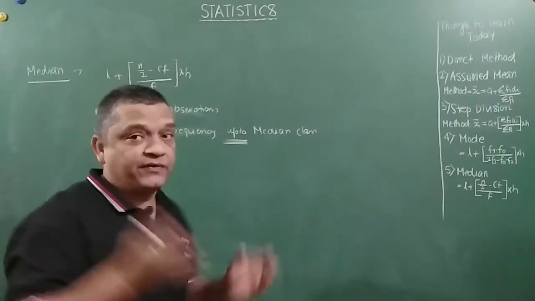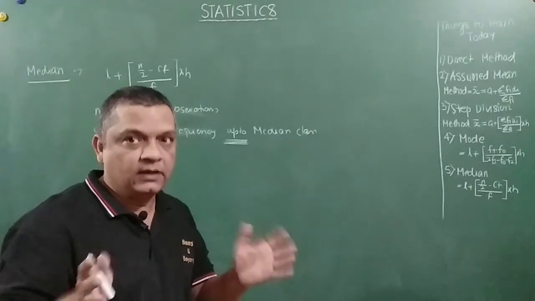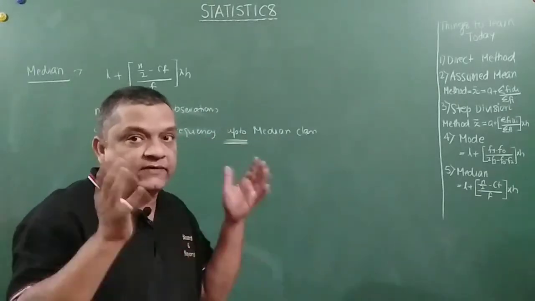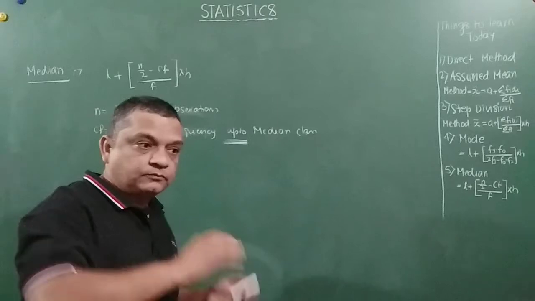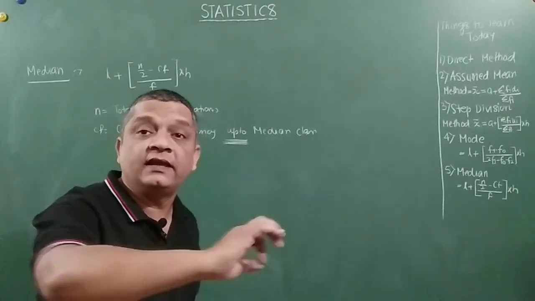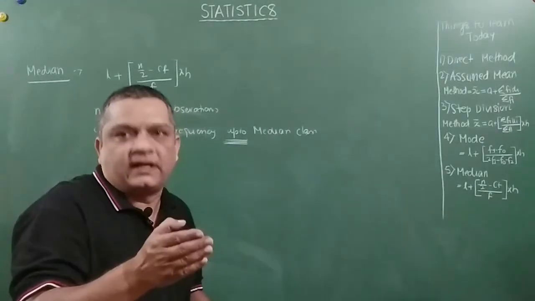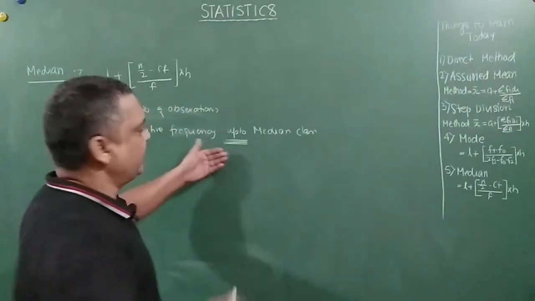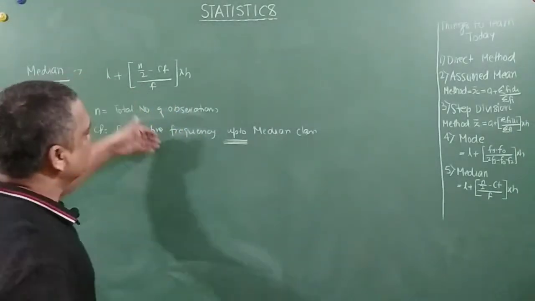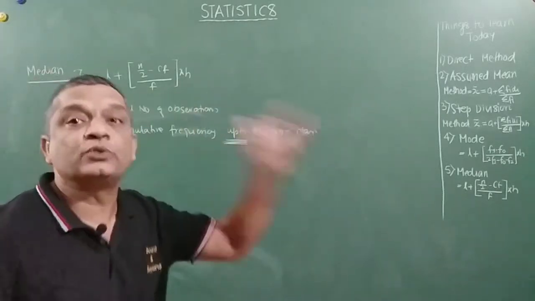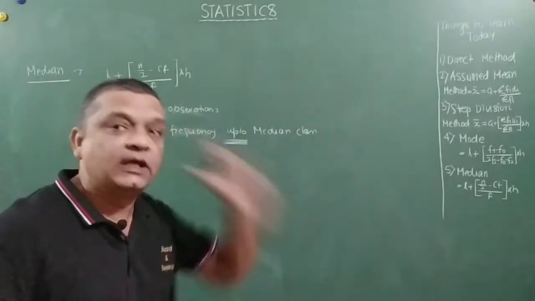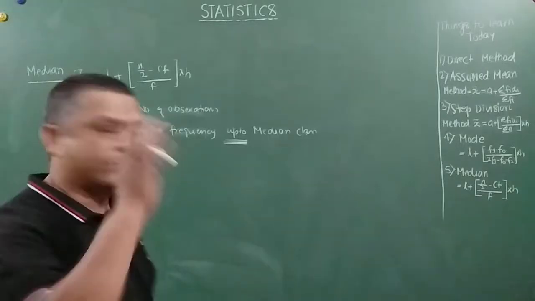Okay, here also we will find the median class. Total number of observations divided by 2, and the class in which that value lies is my median class, right? Now CF is nothing but the cumulative frequency up to the median class. That means you don't have to include the median class, right? Up to.